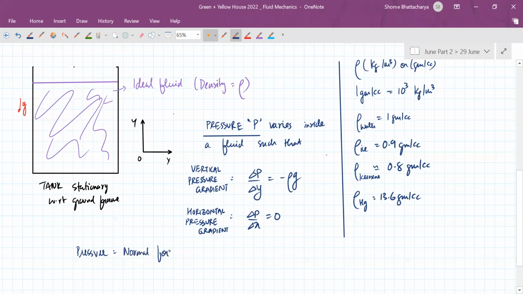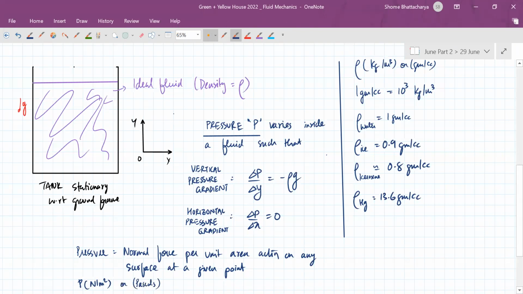So it is normal force per unit area acting on any surface at a given point. Okay. So pressure is measured in Newton per meter square. SI unit is that, or pascals. So 1 pascal is equal to 1 Newton per meter square.